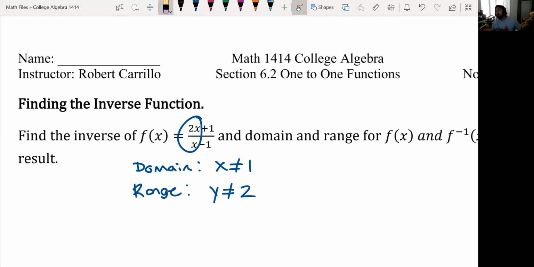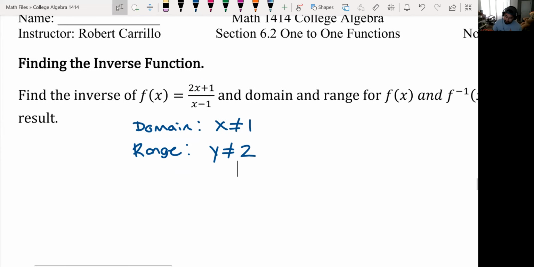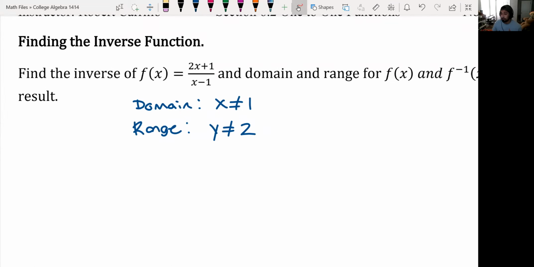Okay. And I'll show you another way to get it in case you don't know how to find the range, right? And that'll all come when we find the inverse. So let's go ahead and find the inverse of this function. Okay, and we'll go through the steps.